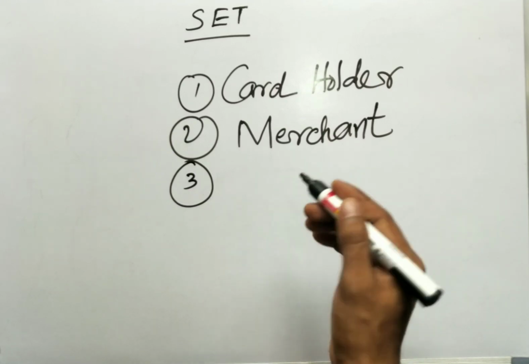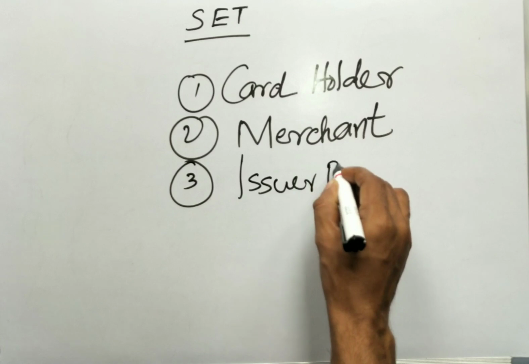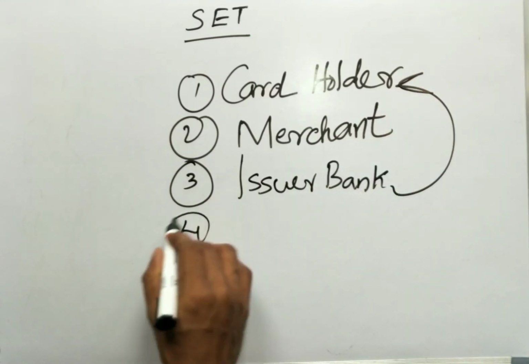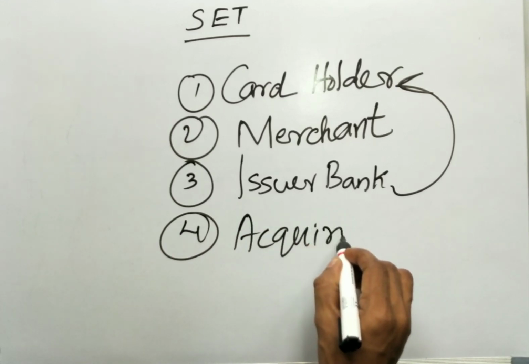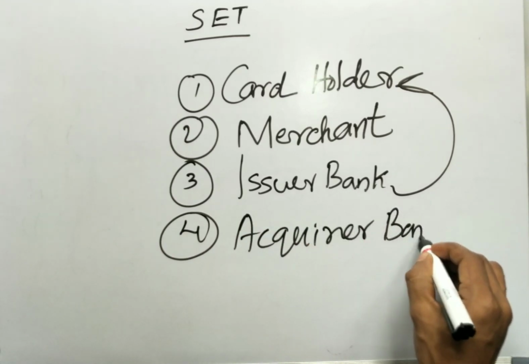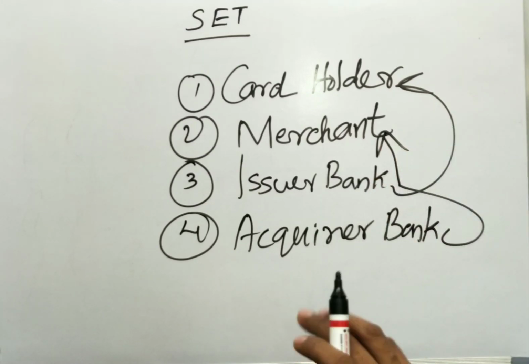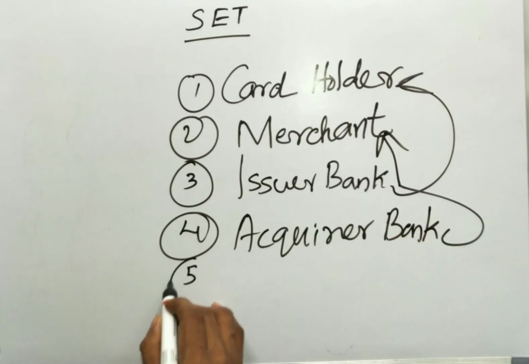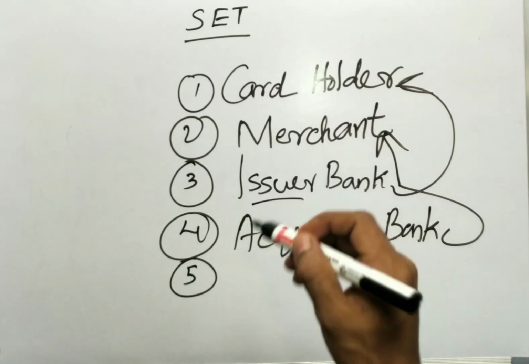Next is the issuer bank. The issuer bank is the bank of the customer. Next is obviously the acquirer bank. This is the bank of the merchant. So the merchant's bank is called the acquirer bank, and the issuer bank is the one who issues the credit card.